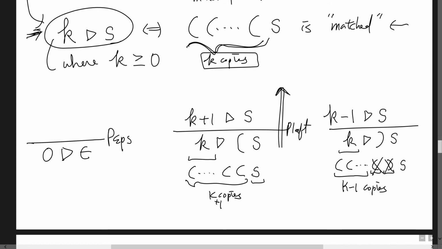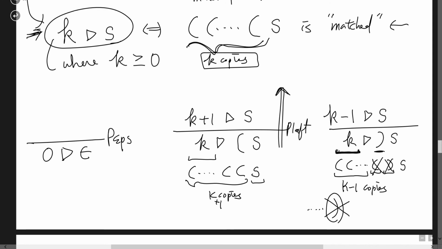And we have to make sure that we have some left parentheses from the prefix. If we have no left parentheses, then this is not matched. For example, if the string starts with a right parenthesis without any left parentheses in the prefix, then this is not matched.